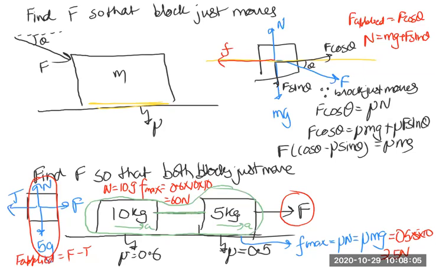And the maximum friction force that this single system can apply must be equal to 60 Newton plus 25. Therefore, F, for which the two blocks just begin to move, must be equal to 85. Right? Simple and straightforward.